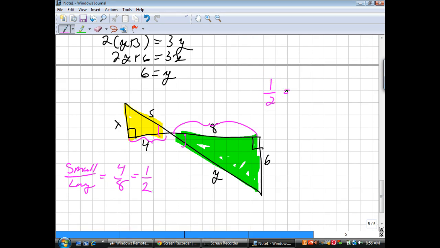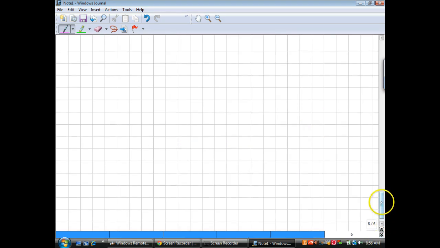So then if I want to find x, it would be x over 6. So 6 equals 2x, or x equals 3. And if I want to do y, it's going to be 5 over y, or y equals 10. Okay, now let's do a proof.